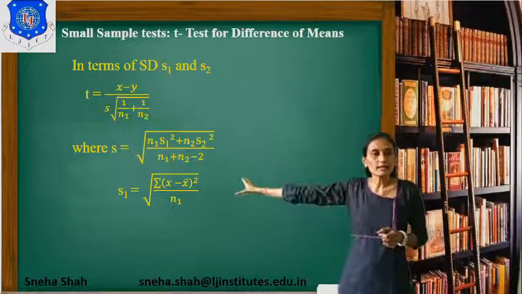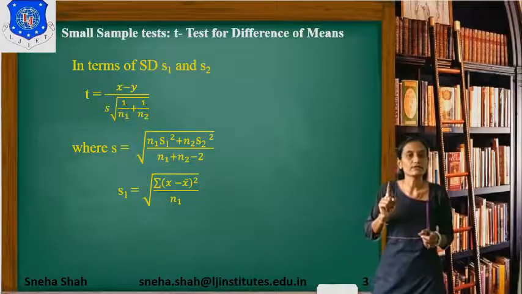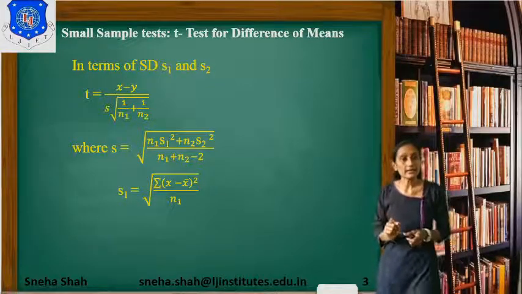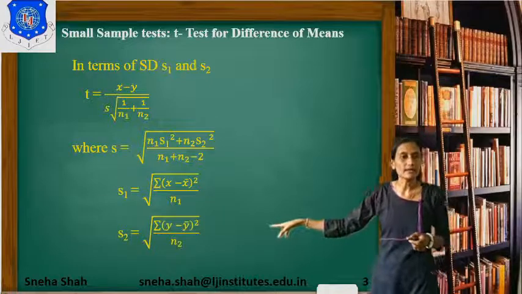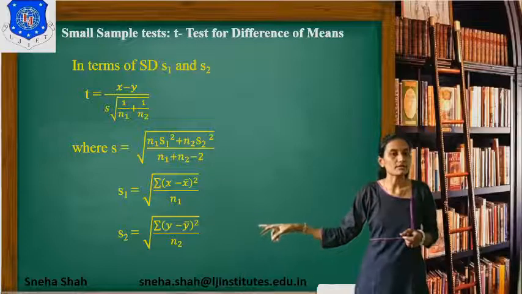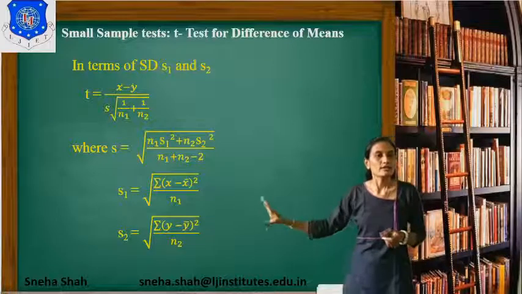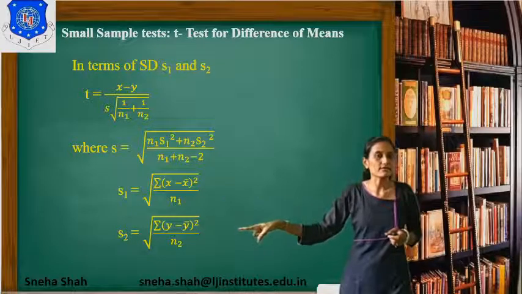Taking the under root gives the standard deviation of the first random variable x. Similarly, s2 is used for the random variable y, with the equation under root of summation y minus y bar whole square divided by n2. So by using these two equations we can find the value of s1 and s2.